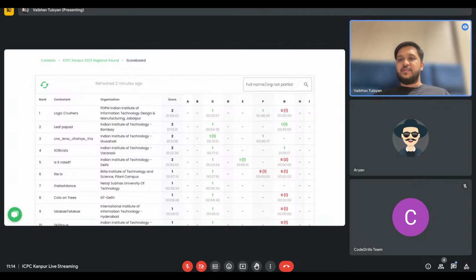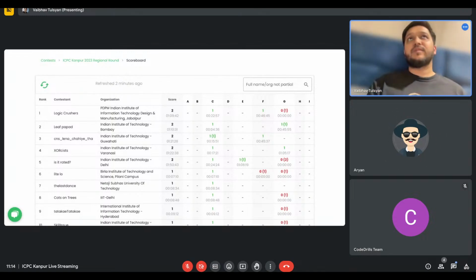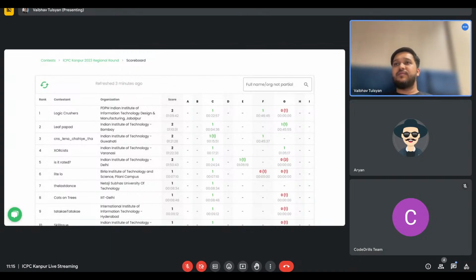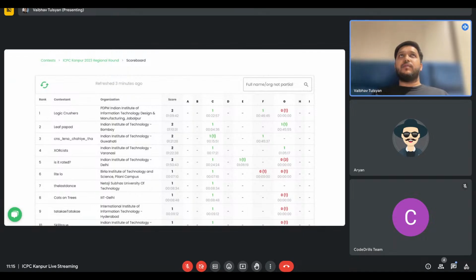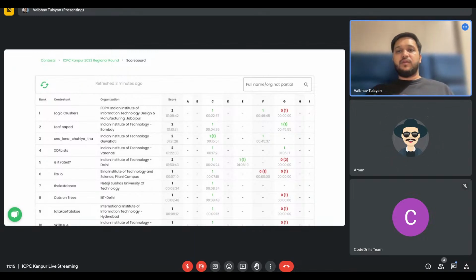I am a software engineer at Google currently. I used to be an ICPC participant until 2015. 2015-16 was the last time I participated, and once I graduated, I started contributing to problem setting for ICPC, and that's when I met Balaji, who started Code Drills, Praveen, who used to be the contest admin for a long time for ICPC, and everyone else, even Kevin.